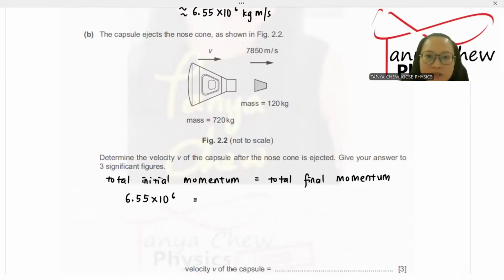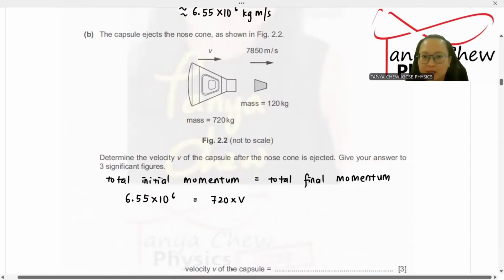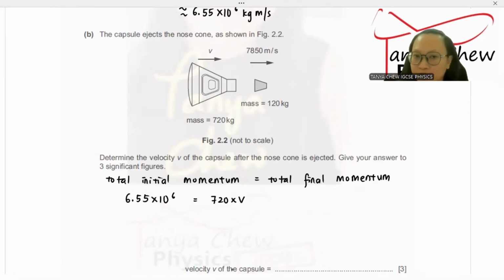Final momentum is the momentum of the capsule and the nose cone. Right, so the capsule, the nose cone first, which is 720 times V, because the nose cone and the capsule are moving in the same direction. So I put positive for both velocities, plus 120 times 7,850.